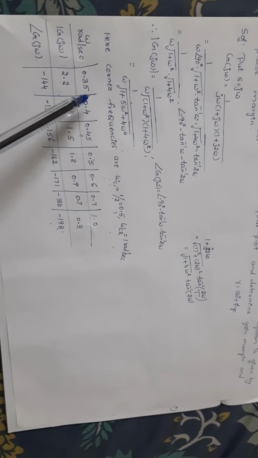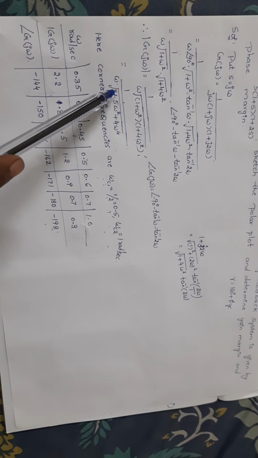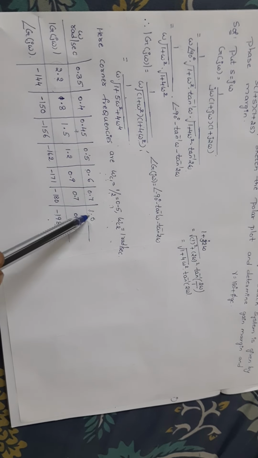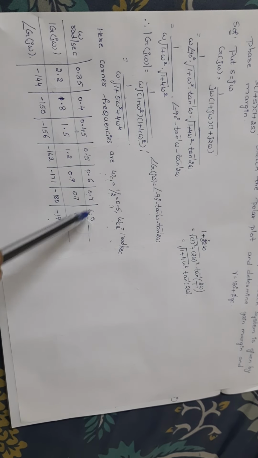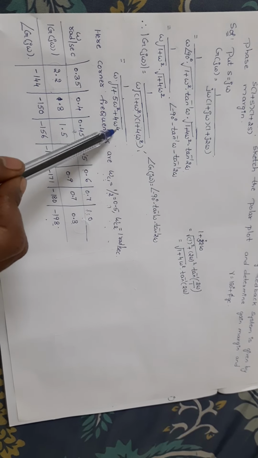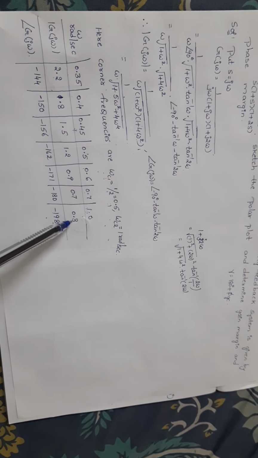By taking these ω values, now you substitute the ω value in the magnitude as well as in the angle. For this example, if ω is 1, substitute: 1 by 1 into root(1 + 5 + 4), root 10, so you are going to get 0.3.